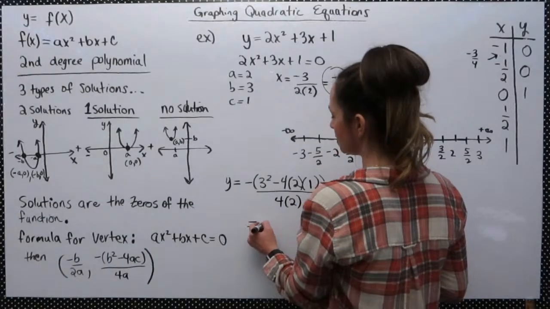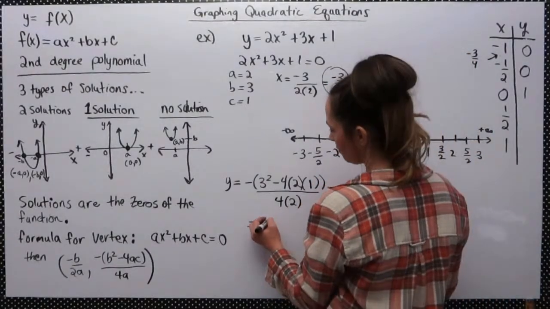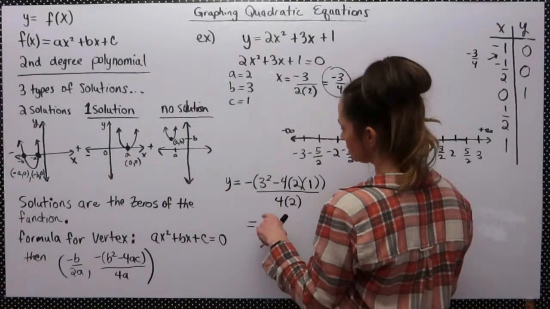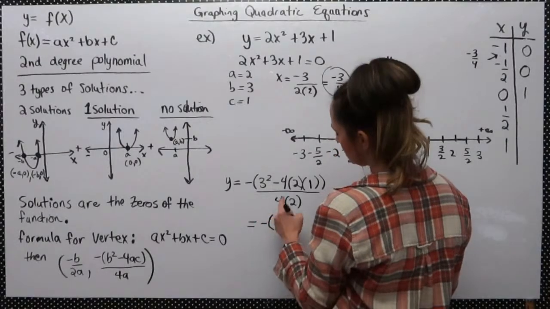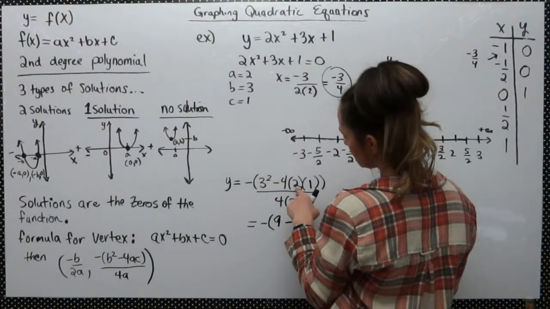So then we're just going to simplify using a little bit of algebra. And remember, order of operations, you handle whatever's inside the parentheses first. 3 squared is 9. And then you do your exponent first. 4 times 2 is 8.